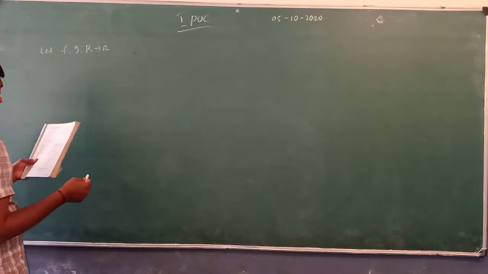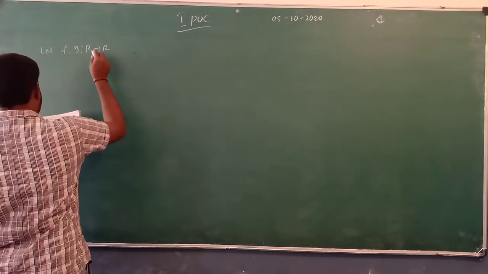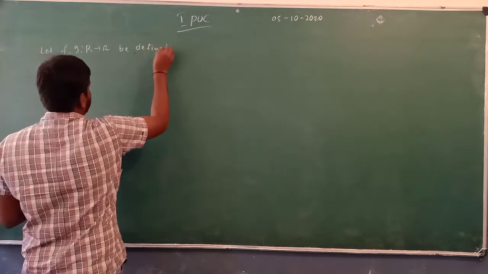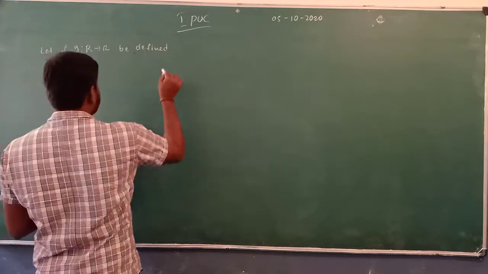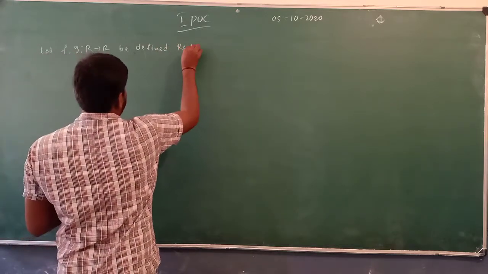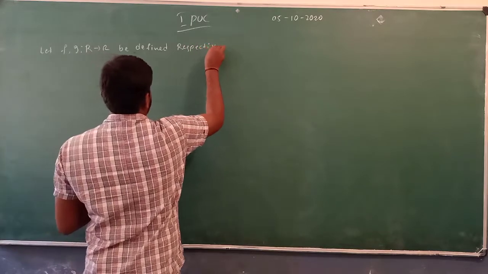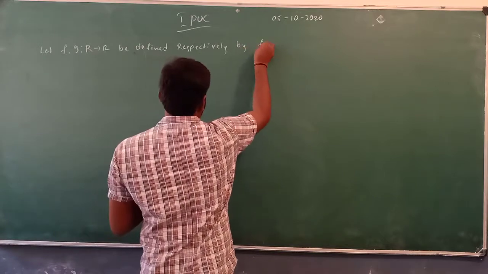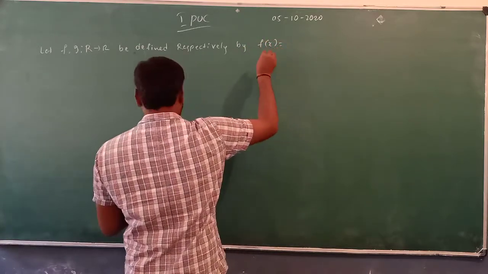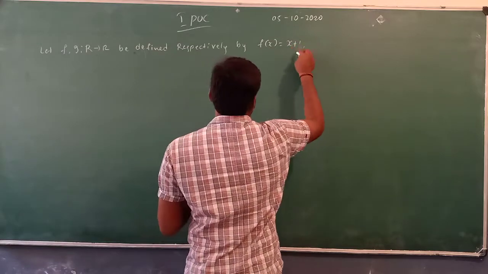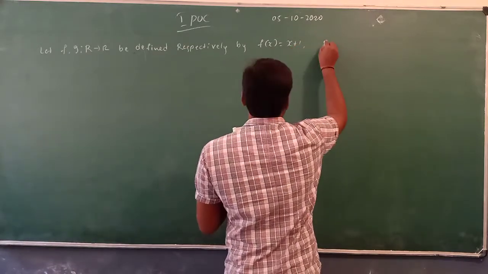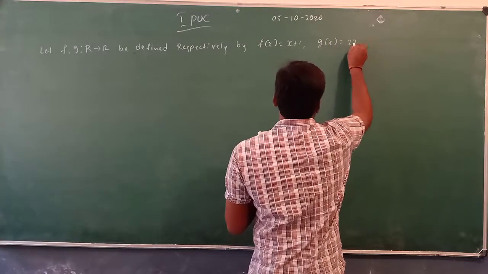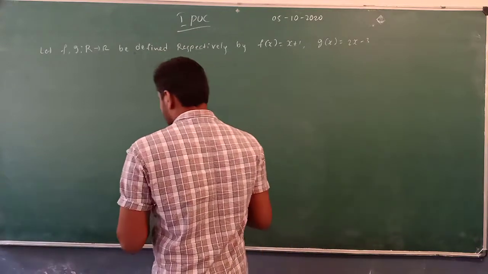Both the functions are defined respectively by f of x is equal to x plus 1 and g of x is equal to 2x minus 3.